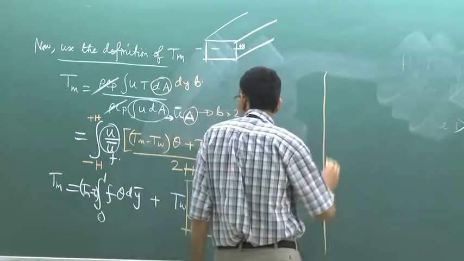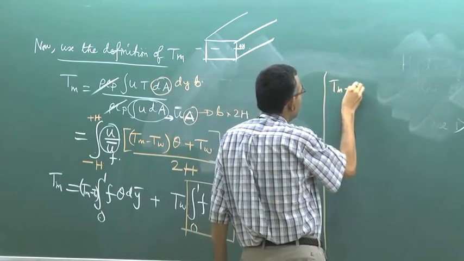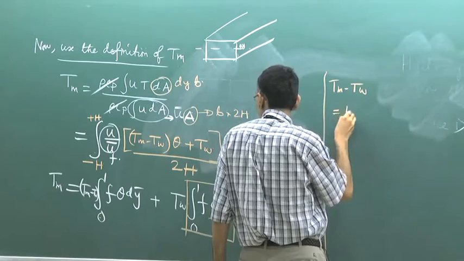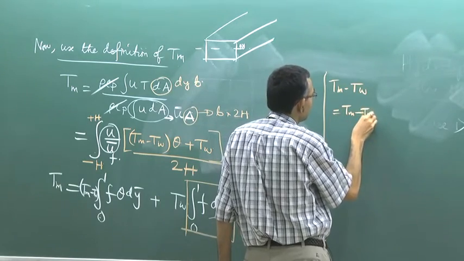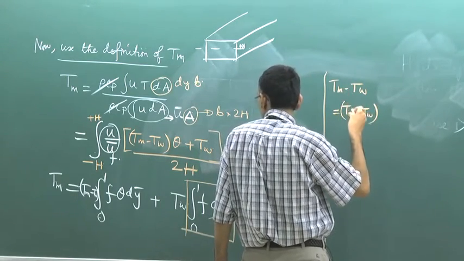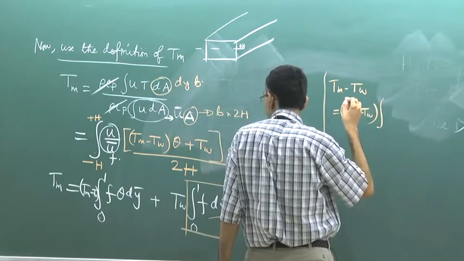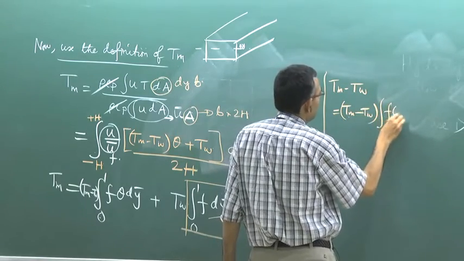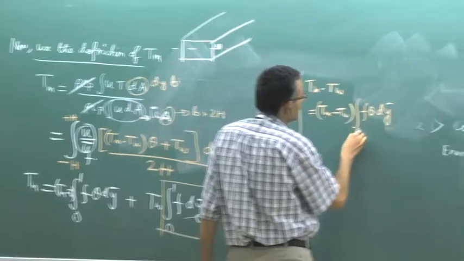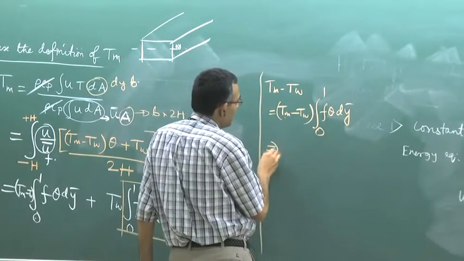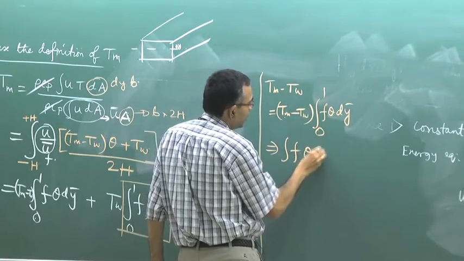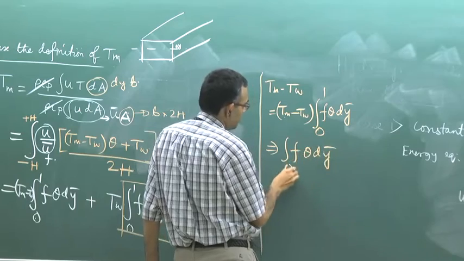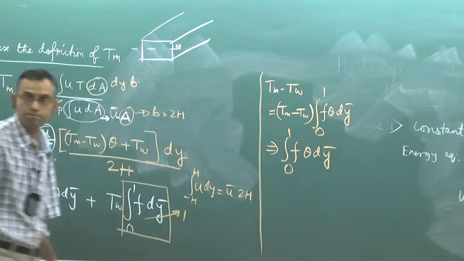So we can say that Tm minus T wall is equal to Tm minus T wall into integral of f theta dy. That means integral of f theta dy equal to 1.